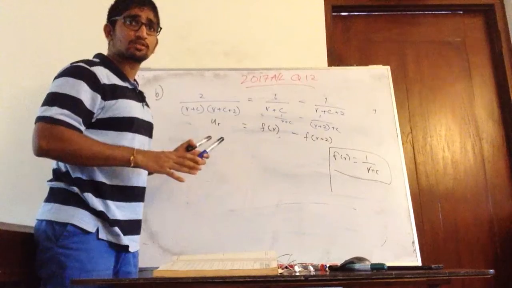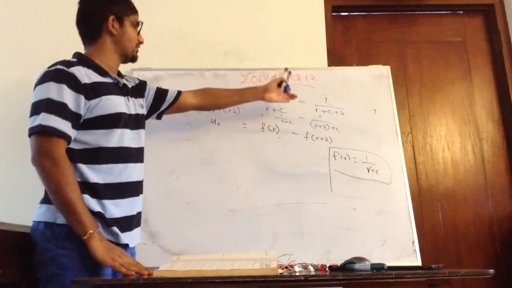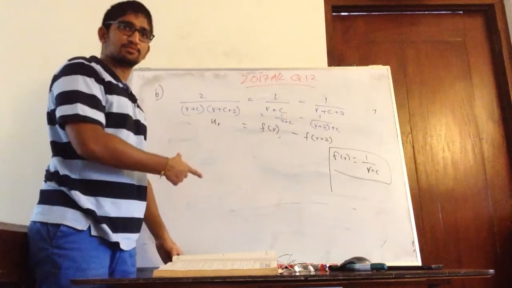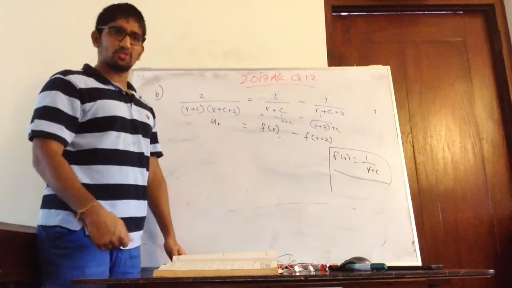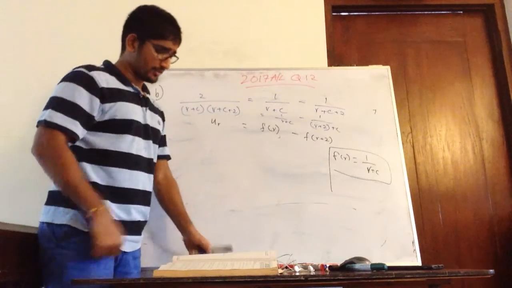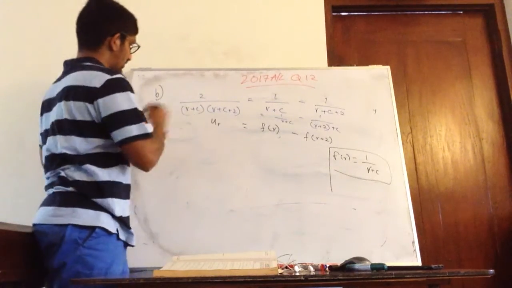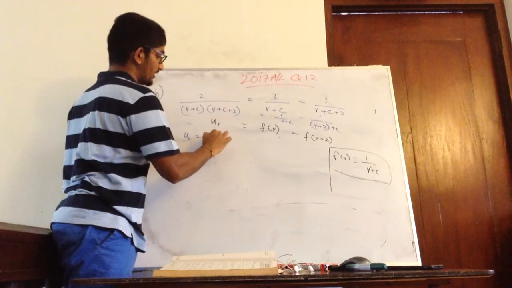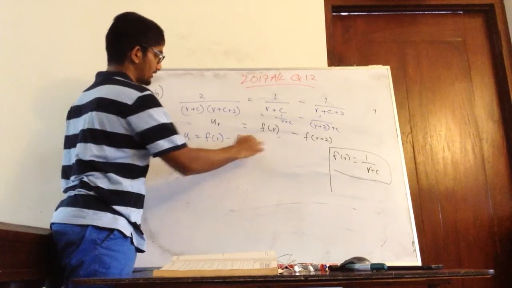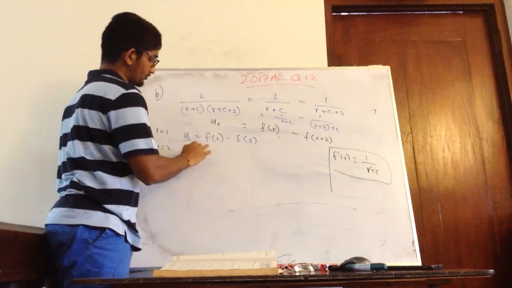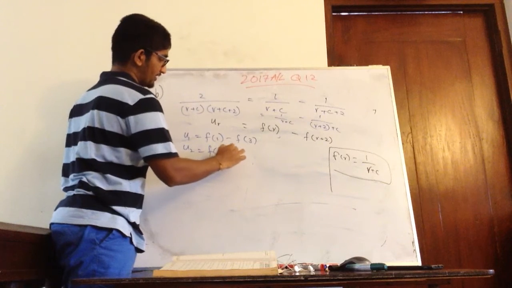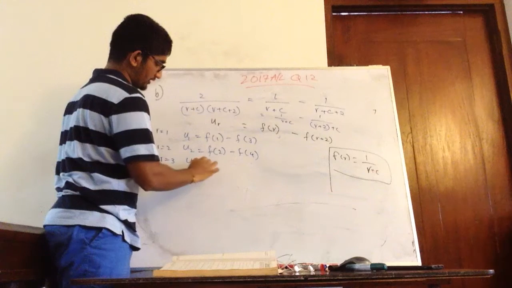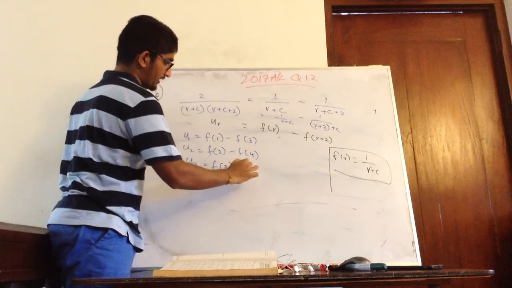My approach is this, or you all can just substitute the values here and get the answer as well. But I feel this is faster and clearer as well. So what we can do? Now I'm going to put r equals 1. That is U1 is going to be equal to f1 minus f3. r equals 2, U2 is f2 minus f4. r equals 3, U3 is f3 minus f5.